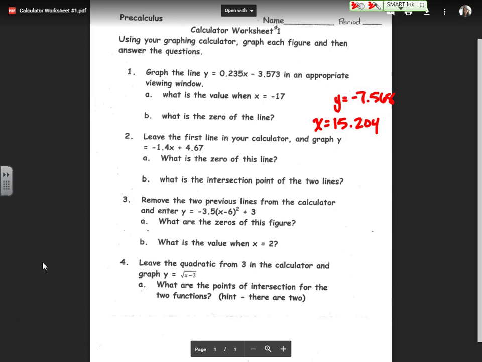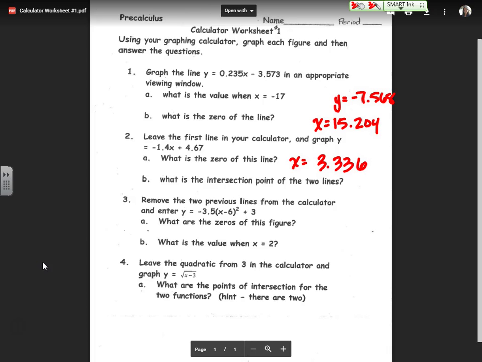Number 2, letter A. What is the 0 of this line? Someone new, call it out. Right in the front. 4.3 is a good try. Who has another one? 3.34? Yes. Anybody do more decimal points than that, though? 3.336. Yeah, that's where I stopped too.